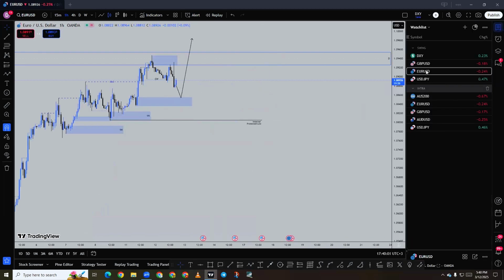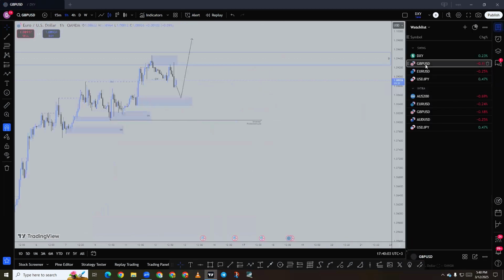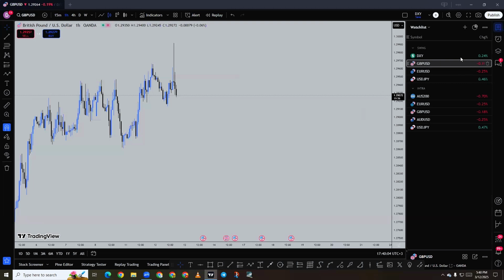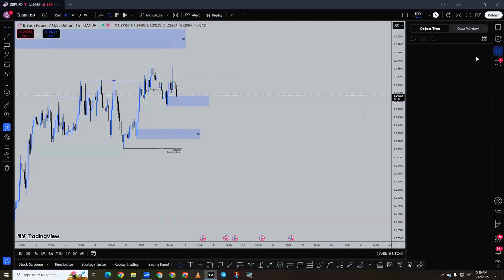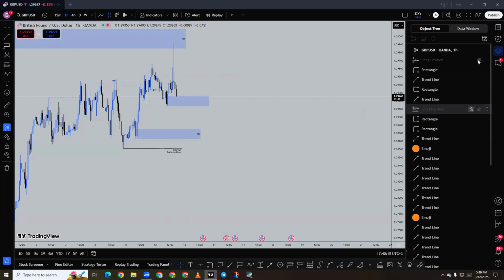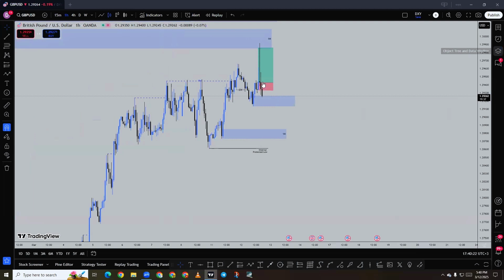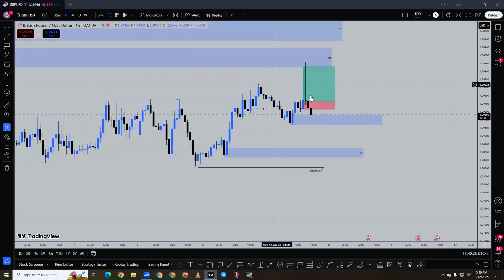Let us look at the GBPUSD. This is what we are having, and I do want to mention that it was in that CPI trade. It was a good 4.75 area.